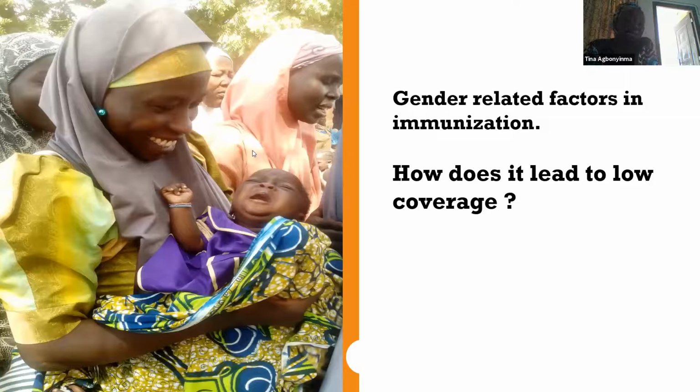From the previous slide, the gender matter was highlighted in red because we as a team have agreed to really pick out one of the key challenges that we are facing globally, which is gender-related matters. So the question is, how does gender-related matters lead to low coverage? That's what we'll be looking at in the presentation.